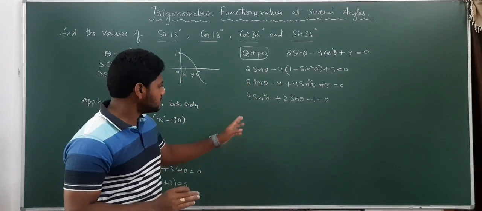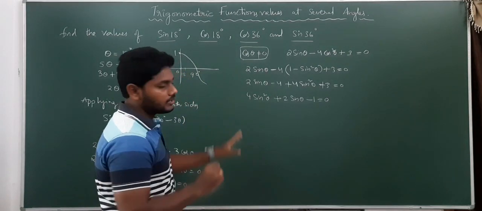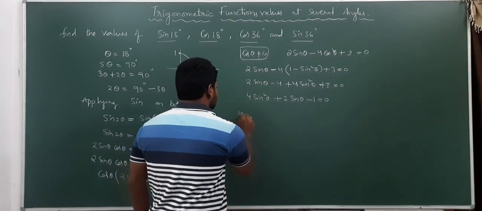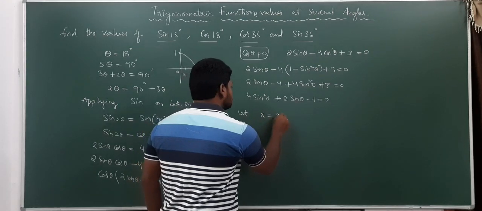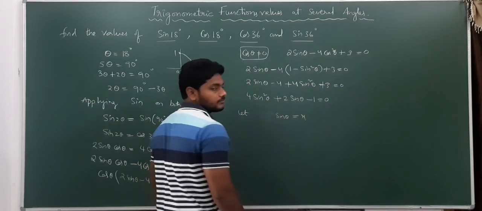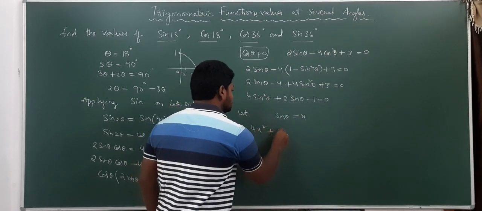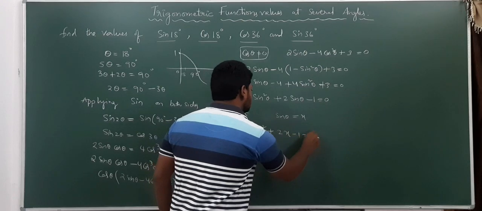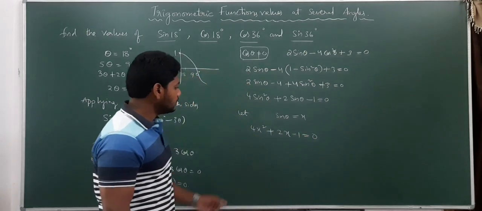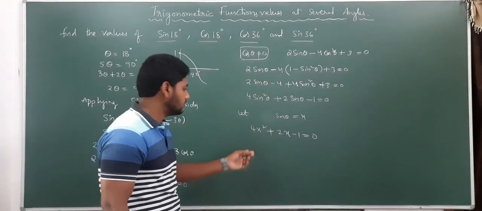If you look, this is a quadratic equation. To get a clear picture of the quadratic equation, I will let x equal to sin theta, or nothing but let sin theta is equal to x. Then this equation will become 4x square plus 2x minus 1 equal to 0. So here you need to find the x values by using the quadratic equation.